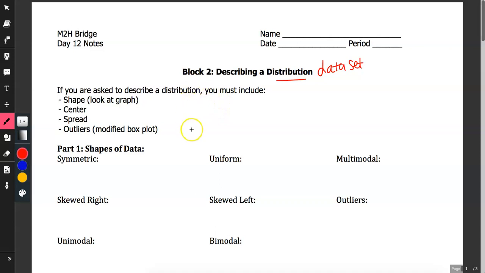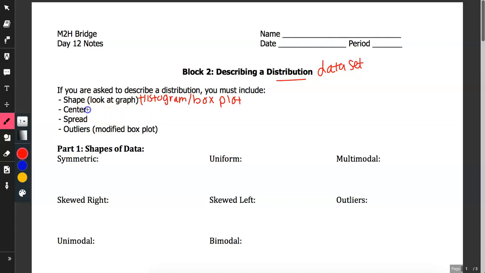Okay, so a lot of vocab today. If you are asked to describe a distribution, you must include these 4 pieces of information. So you must say something about the shape, center, spread, and outliers, whether you have them or not. The shape, we look at the graph, typically a histogram or a box plot.